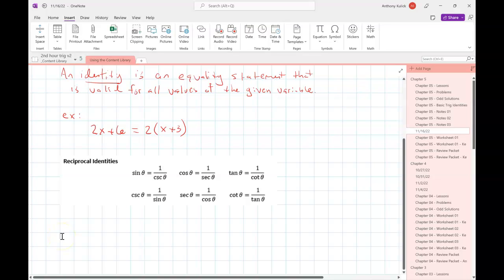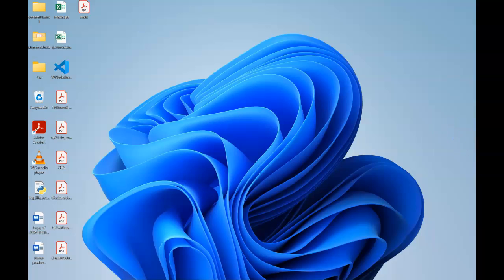Our next set of identities, remember the unit circle, right? How do we calculate tangent on the unit circle? Y over x. And y on the unit circle is the same as sine, and x is cosine. So I could say that tangent is sine over cosine. That's going to be our next set of identities.